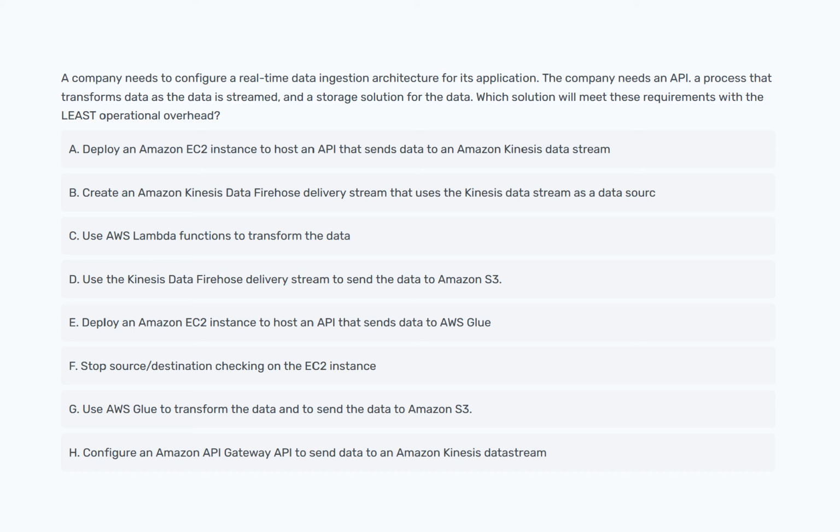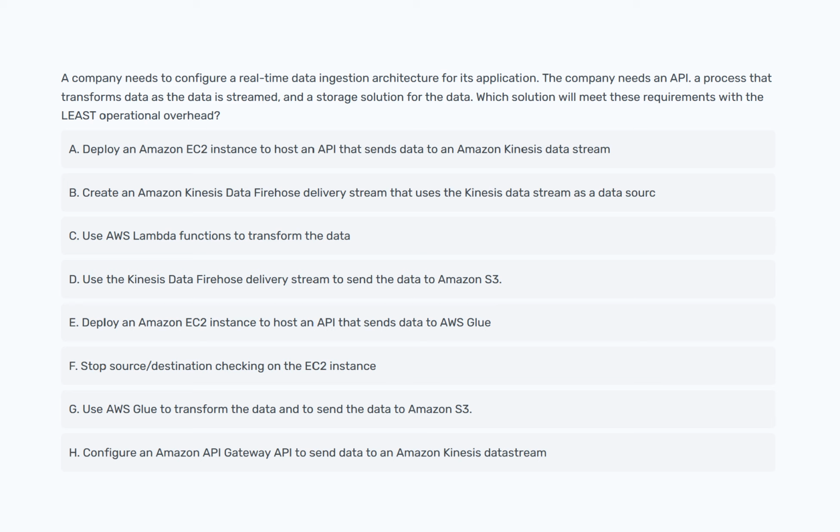Deploy an EC2 instance API and AWS Glue again. That's something with an EC2 instance API. I think it's maybe more overhead. Kinesis is better when you're getting online streams, right?